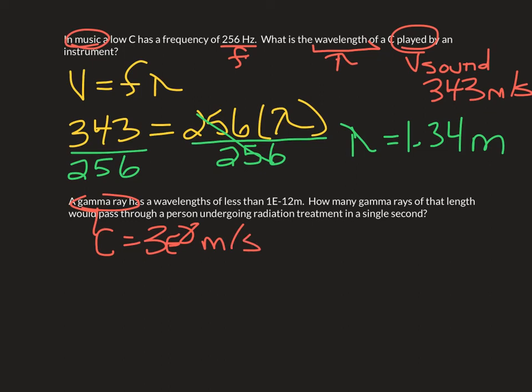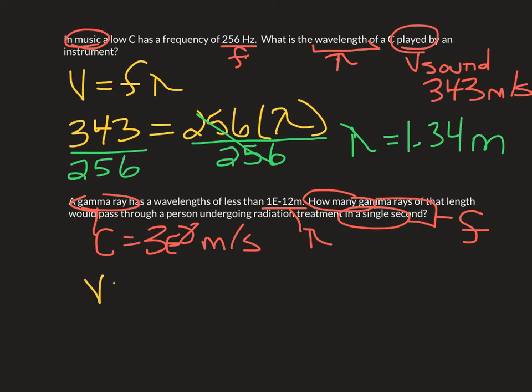And gamma rays have wavelengths of less than 1e to the negative 12th meters. Well, so that's going to be my wavelength. It's a meter, it's a distance. And the question is, how many gamma rays of that length would go through a person in a single second? So I want to know how many in a second. That's really the definition of frequency, how often something happens.